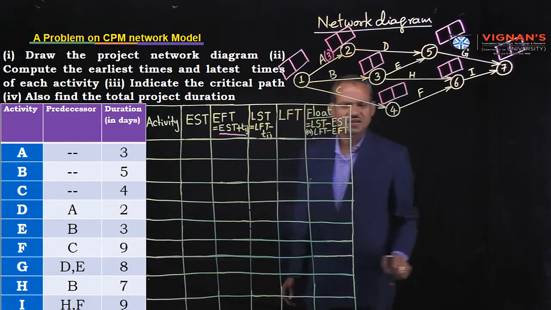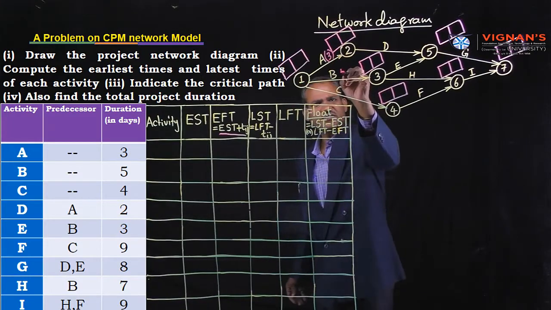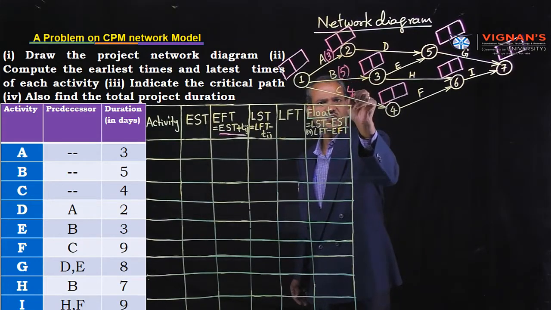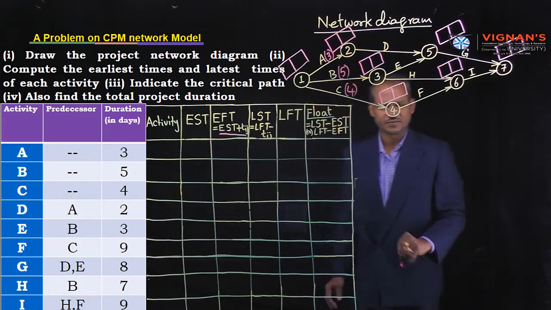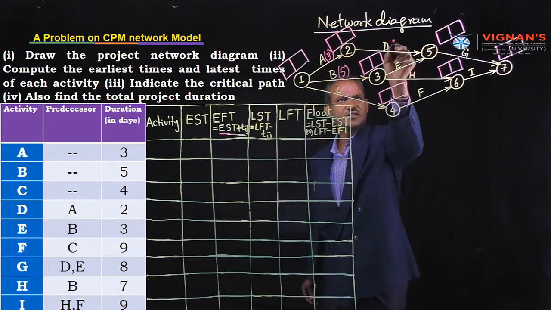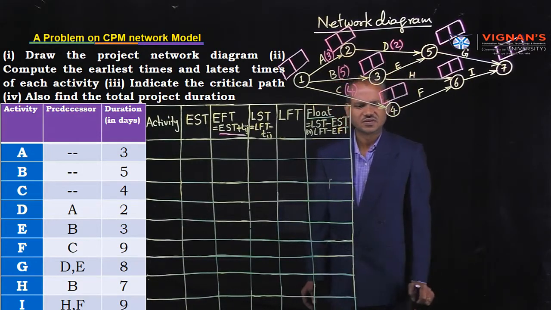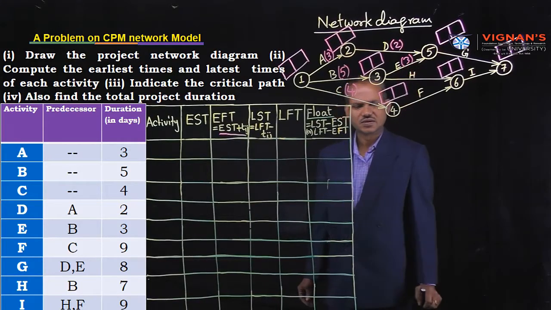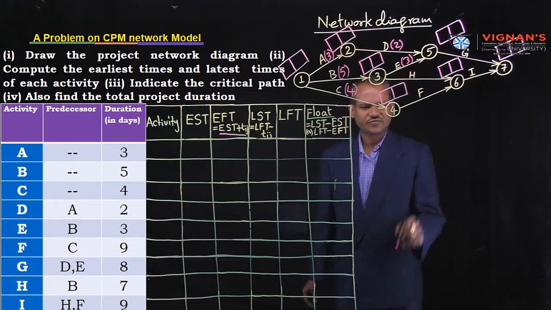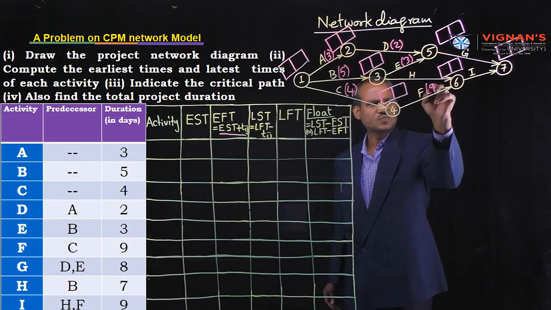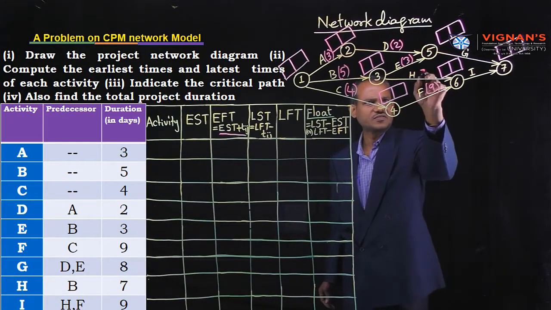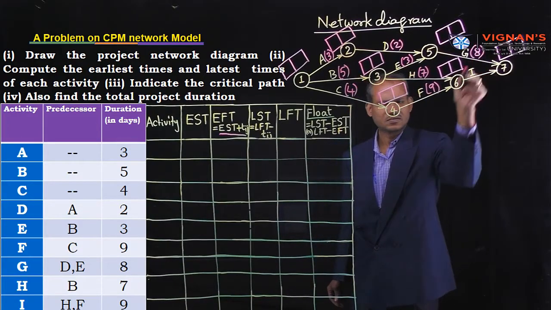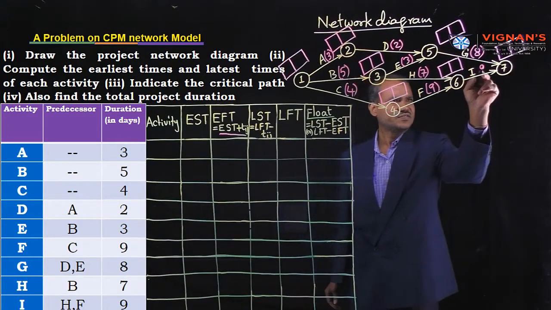B activity takes 5 days. C activity takes 4 days. Observe from the given table. Similarly D, 2 days. Next E, 3 days. F, 9 days. H, 7 days. G, 8 days. I, 9 days.